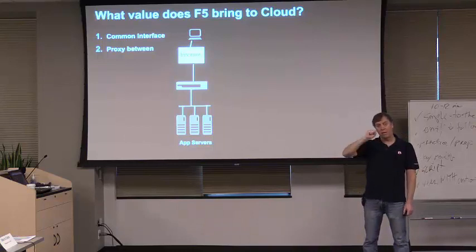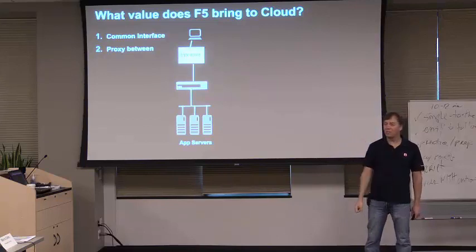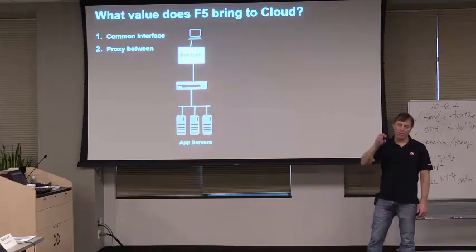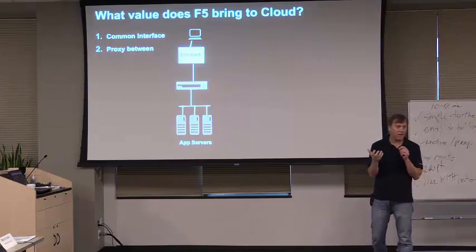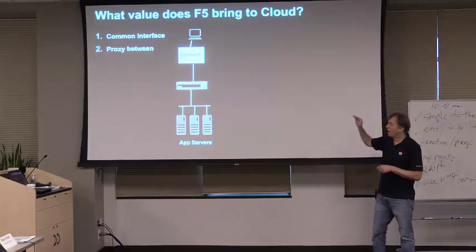A Big IP looks the same on AWS as it does in Azure. If you're using their load balancers and you decide you want to move clouds, it's pretty difficult to do, right? You've got to go learn the new load balancer for the new cloud provider, whereas if you're using us, for instance with ASM, as the WAF, it looks the same on every single cloud.